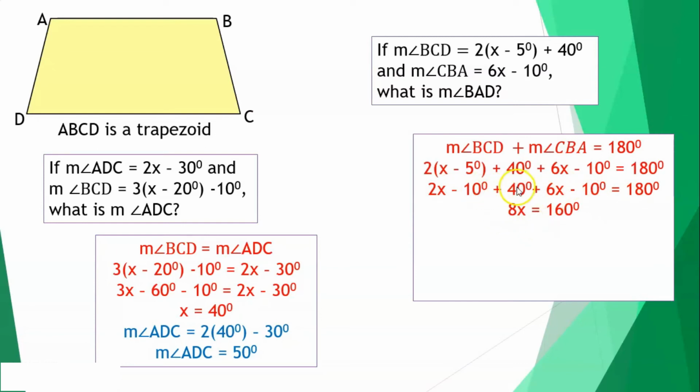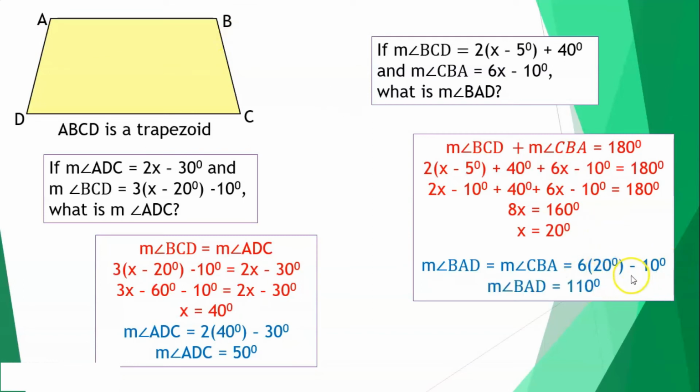Negative 10 plus 40 minus 10, that's 20. Transfer to the other side, 180 minus 20, so we'll end up with 160. Dividing both sides by 8, the value for x is 20 degrees. Now take note, the measure of angle BAD, this angle A here, is equal to the measure of angle B. So substituting, we'll get 6 times 20 minus 10. So the measure of angle BAD is 110 degrees. So take note of that.